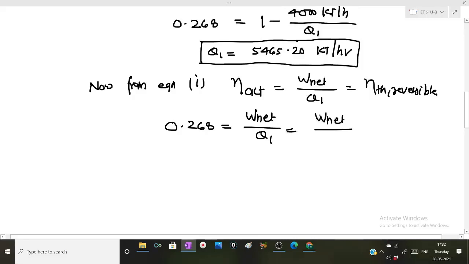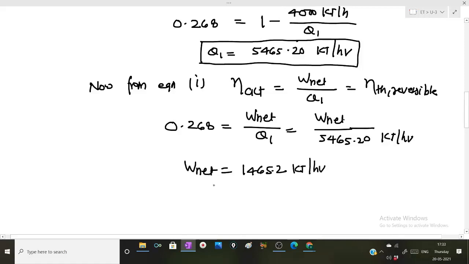Just now I have calculated 5465.20, in kilojoule per hour. So W net will come out 1465.2 kilojoule per hour.